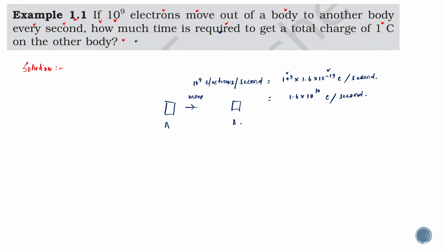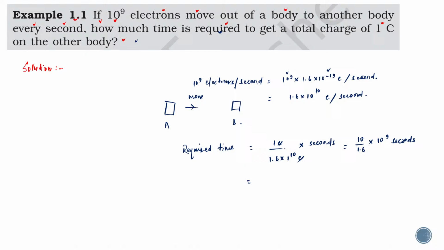The required time to get a total charge of 1 coulomb on the other body B will be 1 coulomb divided by 1.6 coulomb per second, in seconds. Canceling out coulomb with coulomb, we get 10 by 1.6 into 10 to the power 9 seconds.